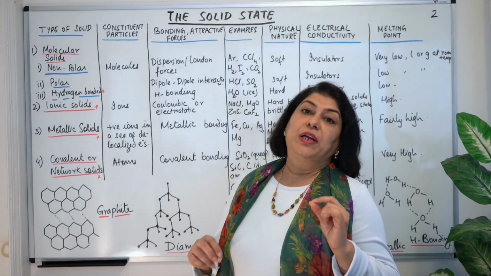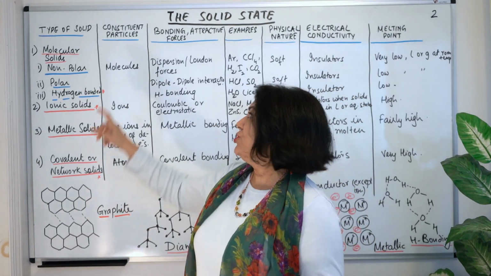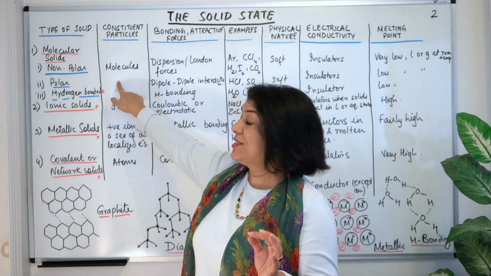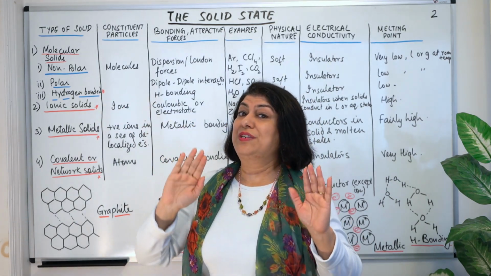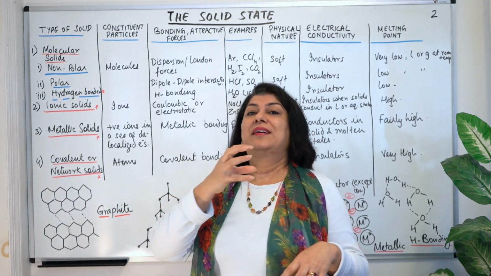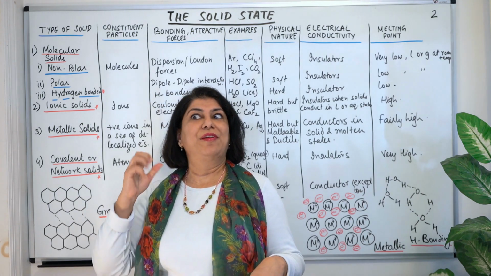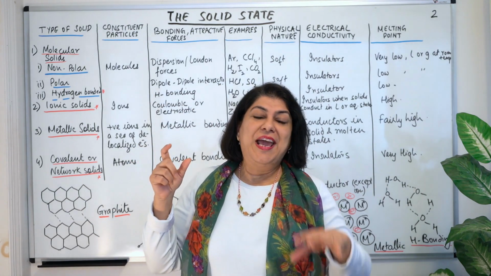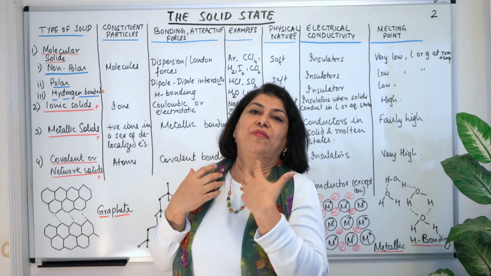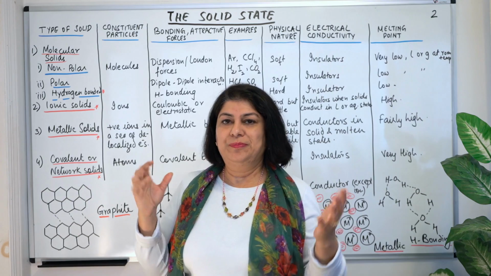The next kind of molecular solid is a polar molecular solid. Again, the constituent particles are molecules, and as I explained to you, if the electronegativity difference is more between the atoms which are present in the molecule, the more electronegative atom would pull the electrons towards itself and become negatively charged. And the remaining atoms from which it attracted the electron would become partially positively charged.